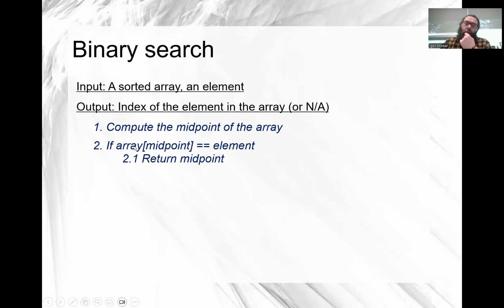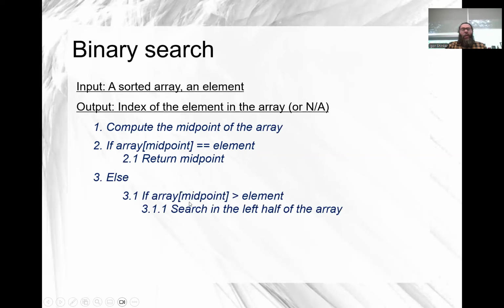If at the midpoint we have exactly the element we're looking for, that's amazing. We just return this midpoint index. We're happy. What happens if the midpoint element is larger than the element we're looking for?